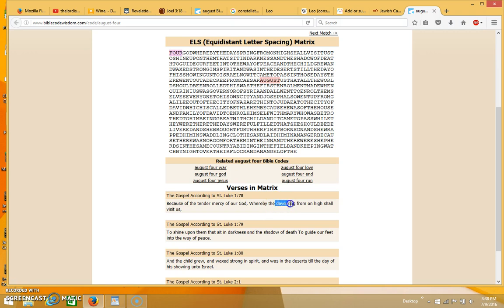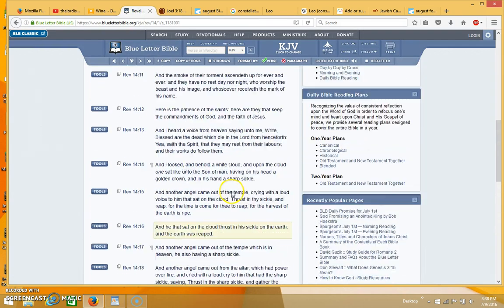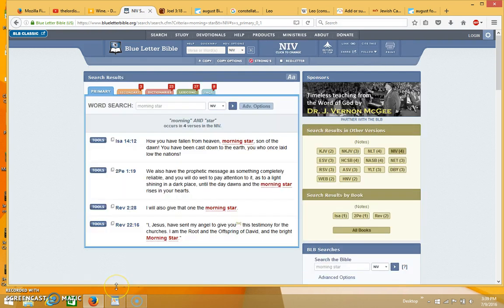And I've talked about in other videos how there's 2 morning stars, and the way you can get all of those verses to come up concerning the morning star is to actually look for it in the NIV, and it'll bring up all of those references to the morning star. And as you can see, it refers to the false Christ as well as the true Christ.